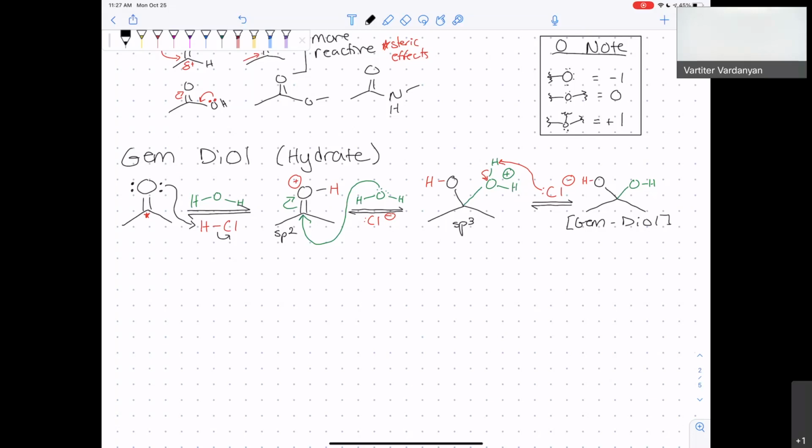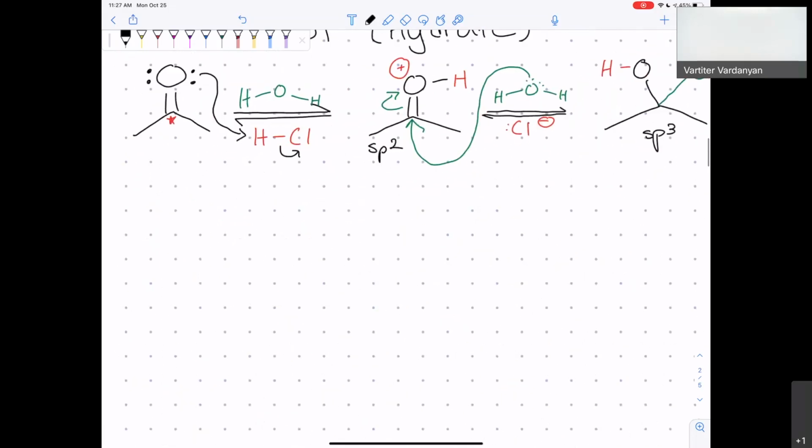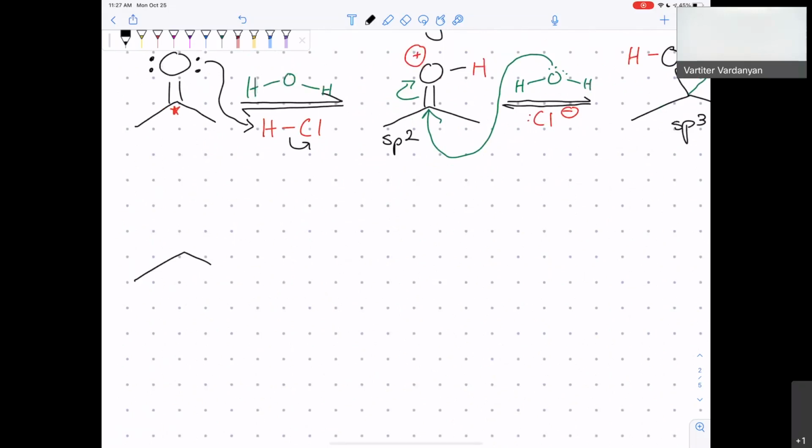Great question. So we're actually going to do that right quick because I want you guys to see the difference between acid and base. So I'm going to zoom back in. Ketone again, and we're going to say H2O again.